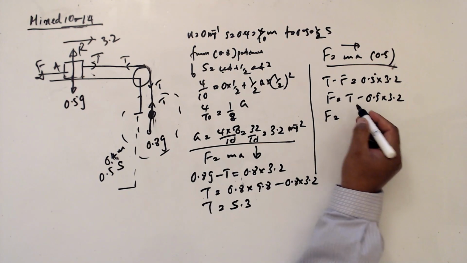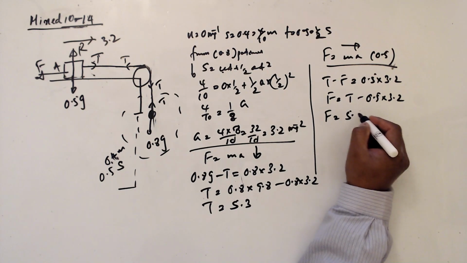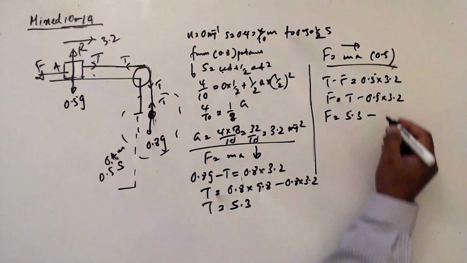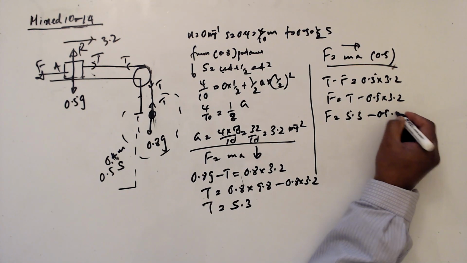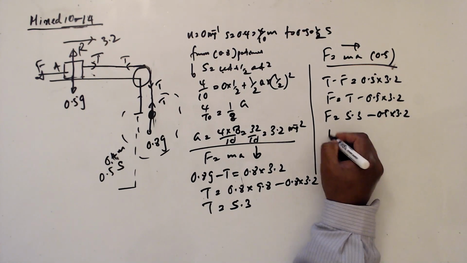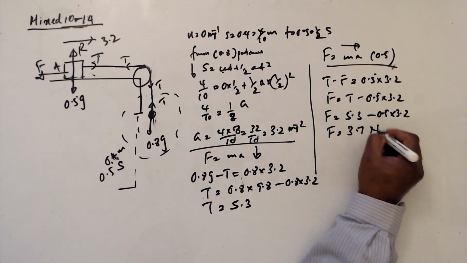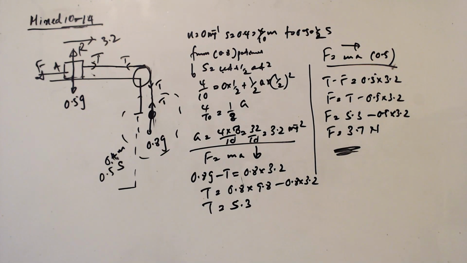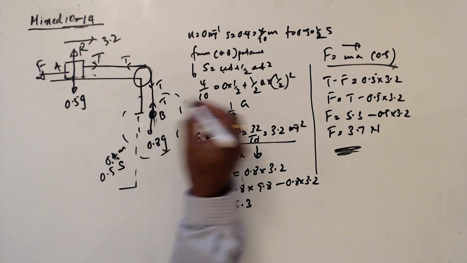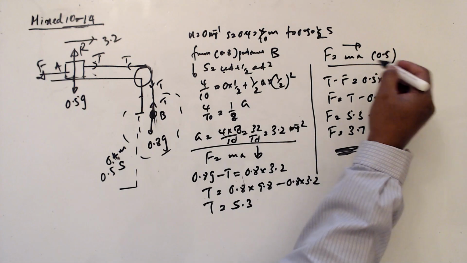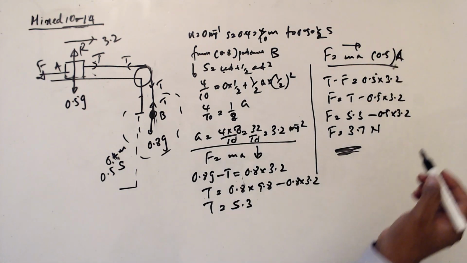So F equals T, we found 5.3, minus 0.5 times 3.2. So this is going to be 3.7 Newton. This is particle B, and this is particle A.